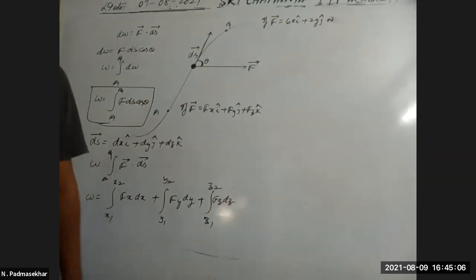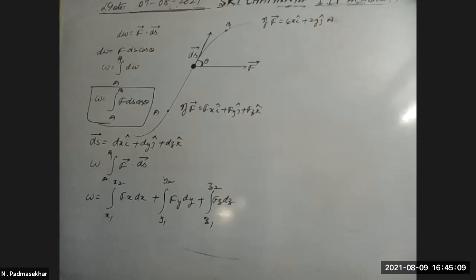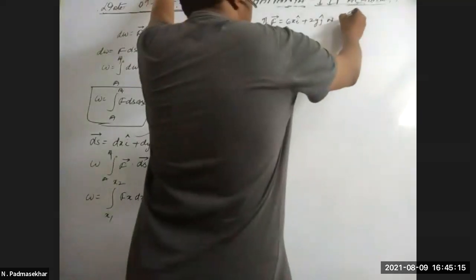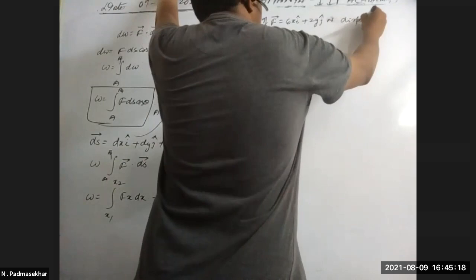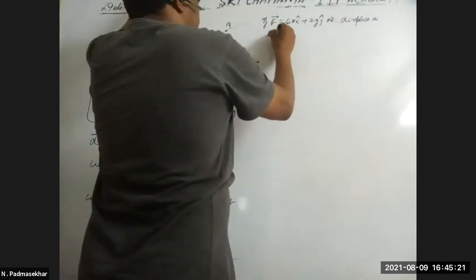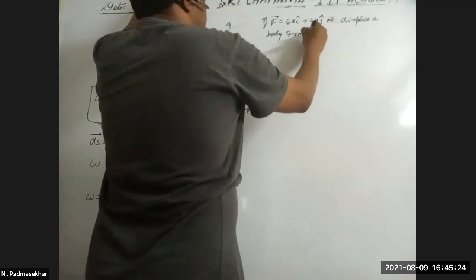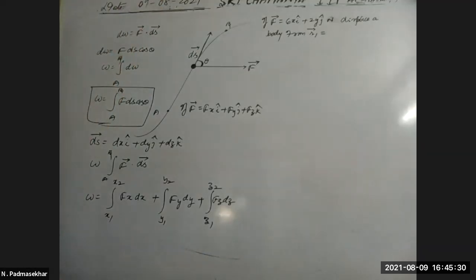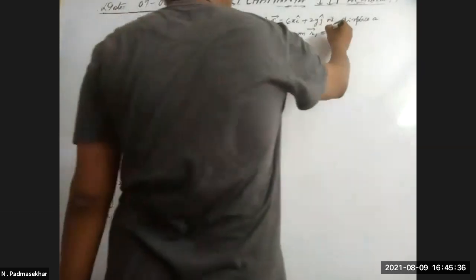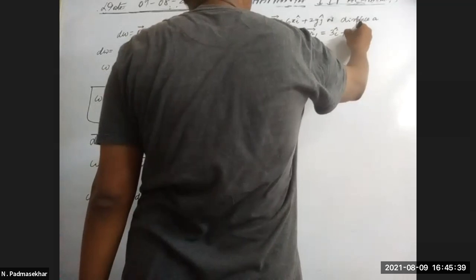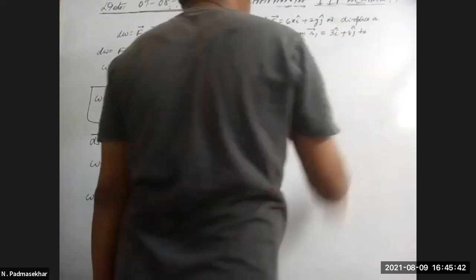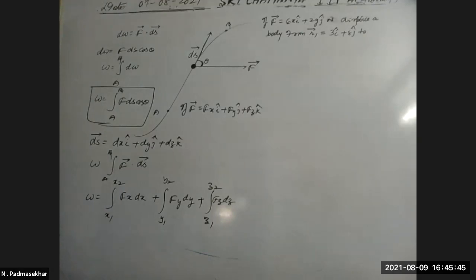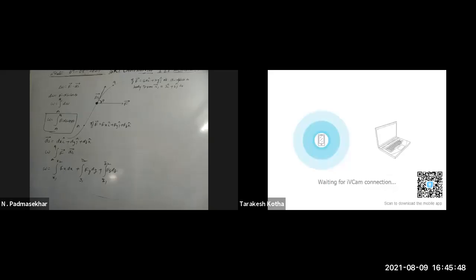A body is displaced from r1 bar equal to 3i cap plus 8j cap to r2 bar equal to 5i cap minus 4j cap.